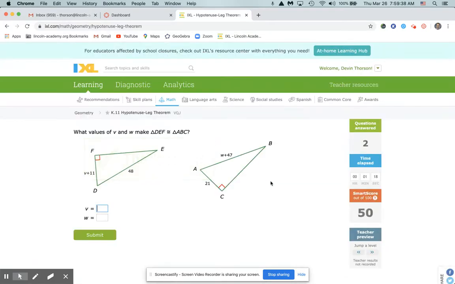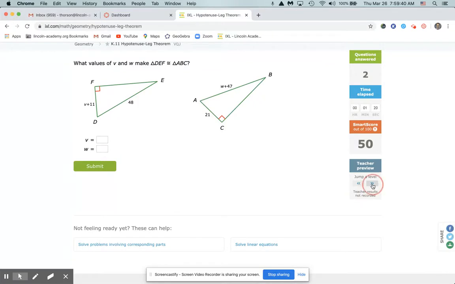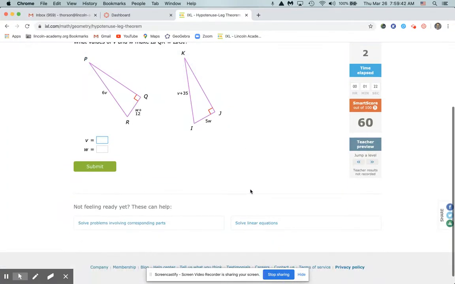So again, be a little careful as you get up. You're going to be given some problems that require a little bit of algebra. Please be careful too. For some reason, IXL wraps the equation. So this is W plus 12 is equal to 5W.